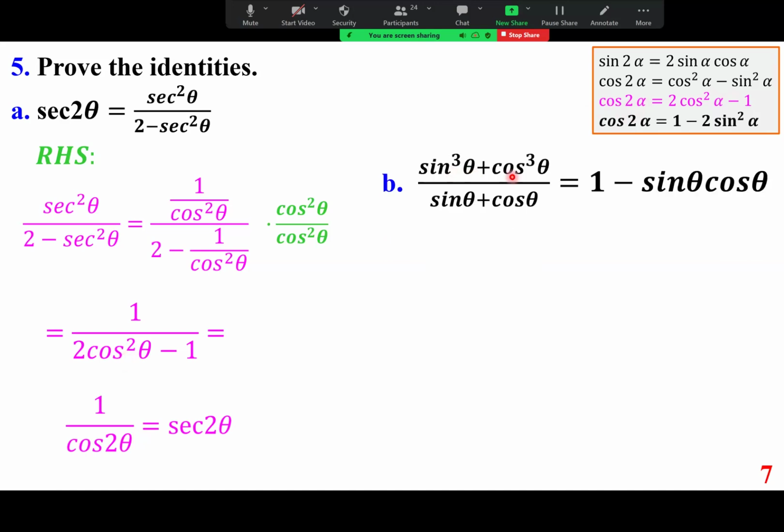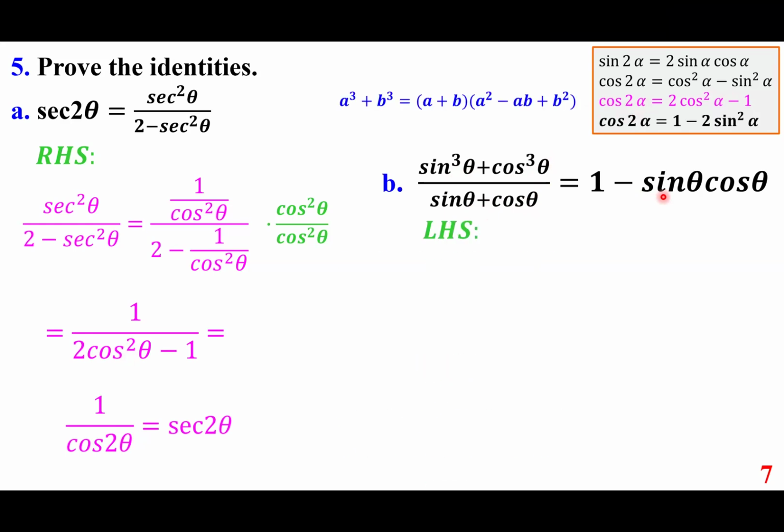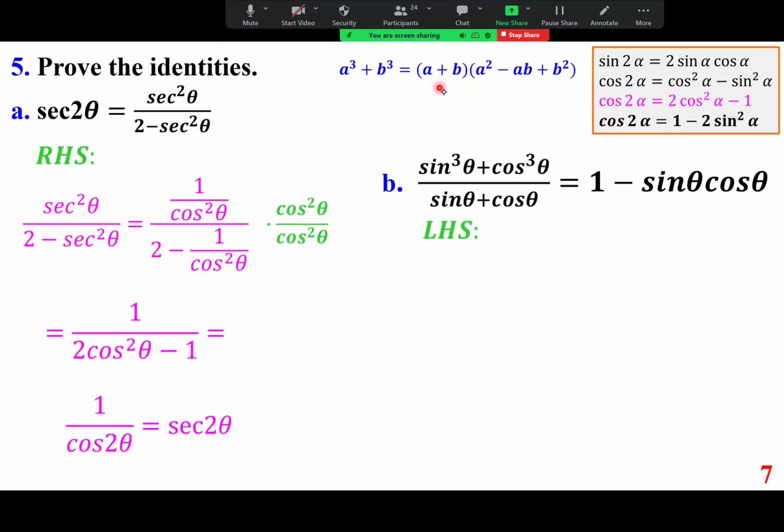Part B, sine cube theta plus cosine cube theta over sine theta plus cosine theta is 1 minus sine theta cosine theta. Well, we start with the more complicated side. Let's start with the left-hand side. And I'm going to remind you of this. A cubed plus B cubed is A plus B times A squared minus AB plus B squared. I hope you remember that.